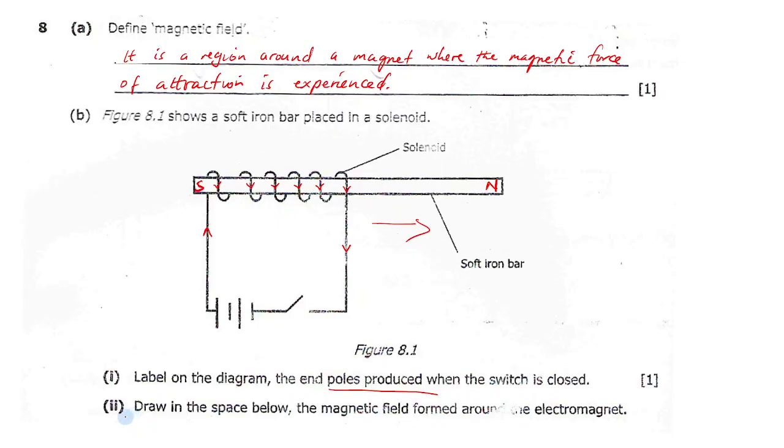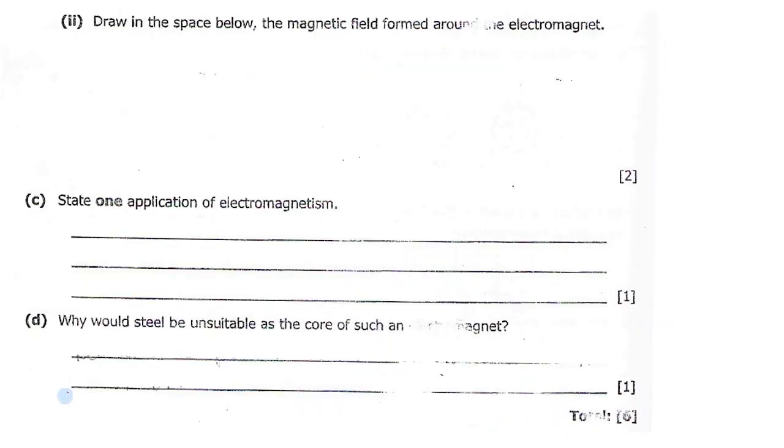Here, part 2, they're saying draw in the space below the magnetic field around the electromagnet. So we will draw the magnetic field around the magnet. There's a space here, and they only gave it 2 marks. So this is north, this is south.